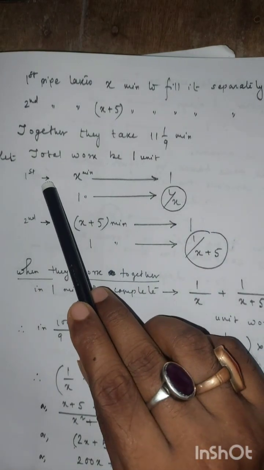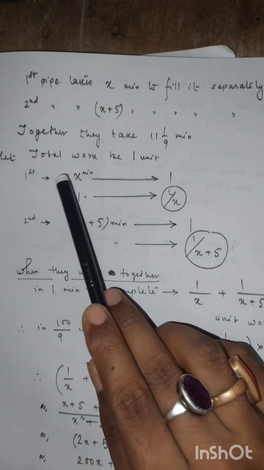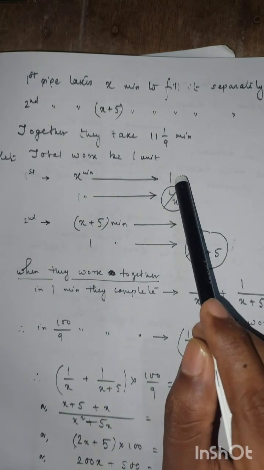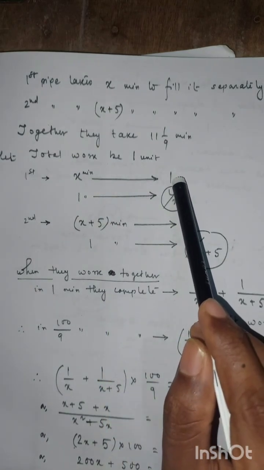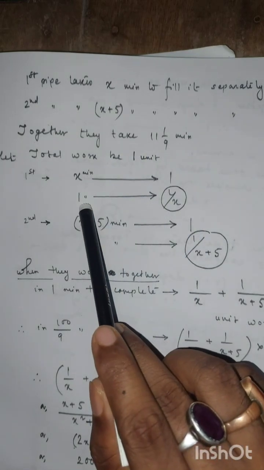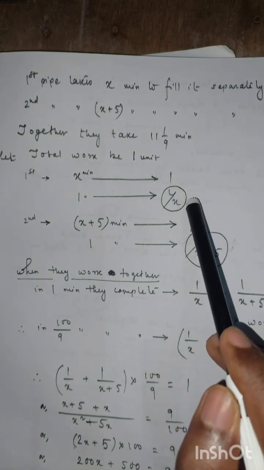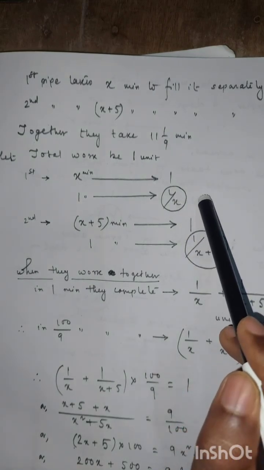Okay, first pipe takes x minute to fill the reservoir. So in 1 minute it will fill 1 by x unit of the reservoir, 1 by x part of the reservoir.